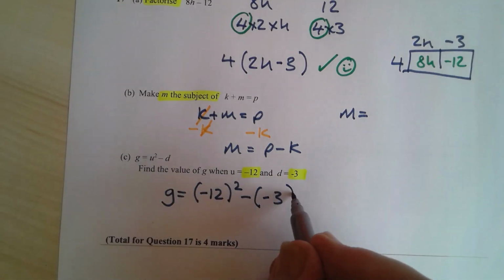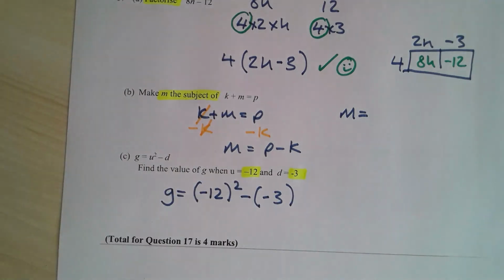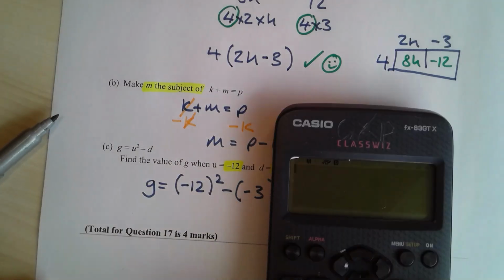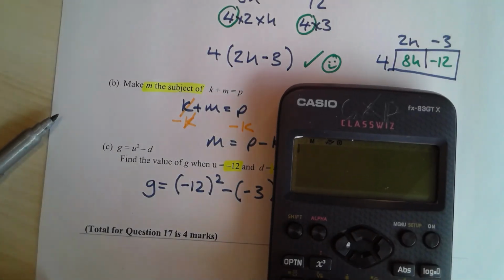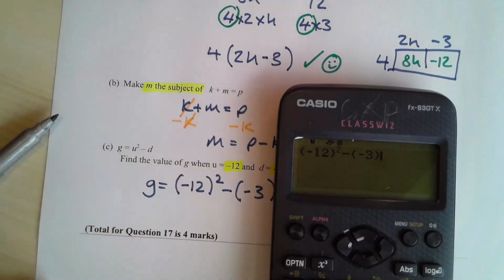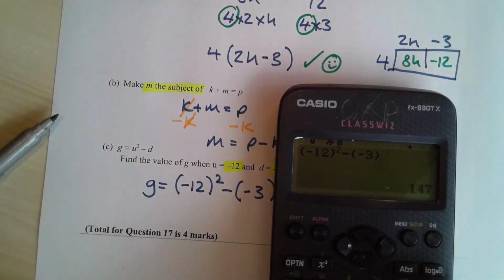Okay, I'm now going to put that all into my calculator. So I've got bracket negative 12, close the bracket, squared, minus bracket negative 3, close bracket. Press my equals button and I get 147.